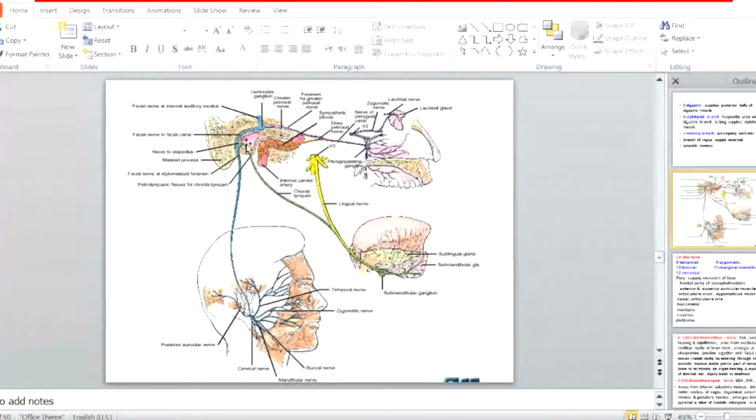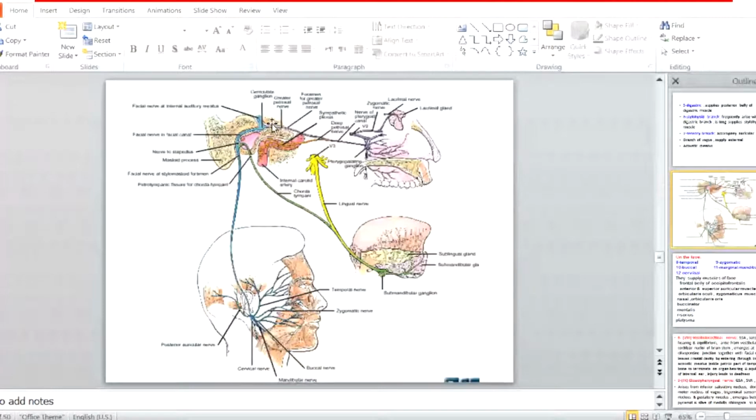When there is pressure on the chorda tympani nerve, the patient will lose taste sensation from the anterior 2/3 of the tongue, and there will be decreased secretion of saliva from the submandibular and sublingual salivary glands.